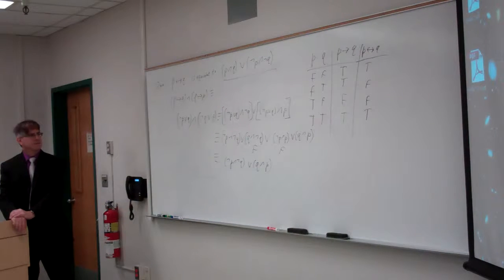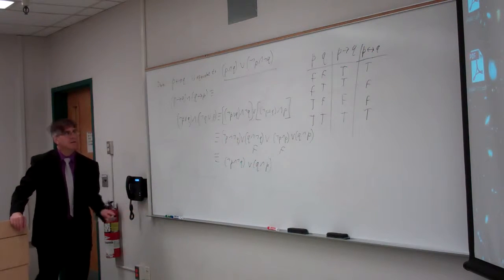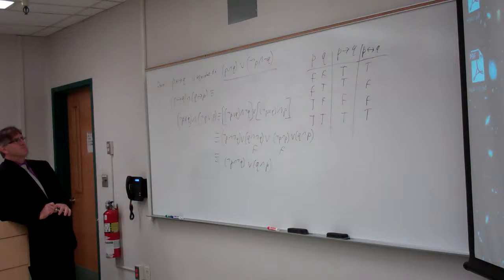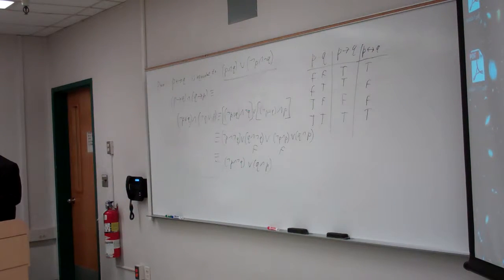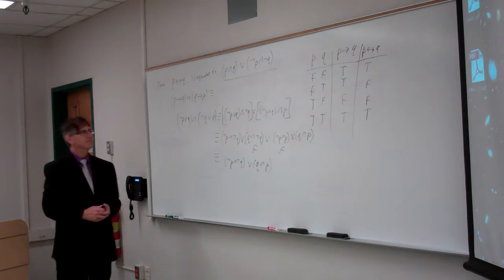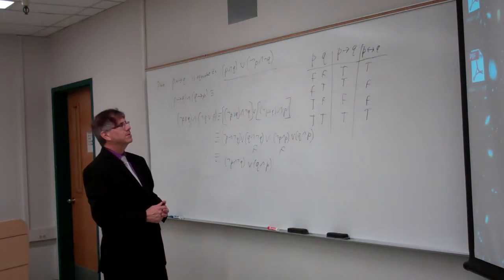so false would be odd and true would be even? So maybe you could have P be the proposition that n is even, and Q the proposition that 7n plus 4 is even. What would that do? That might be an interesting way to get to visualize a solution.